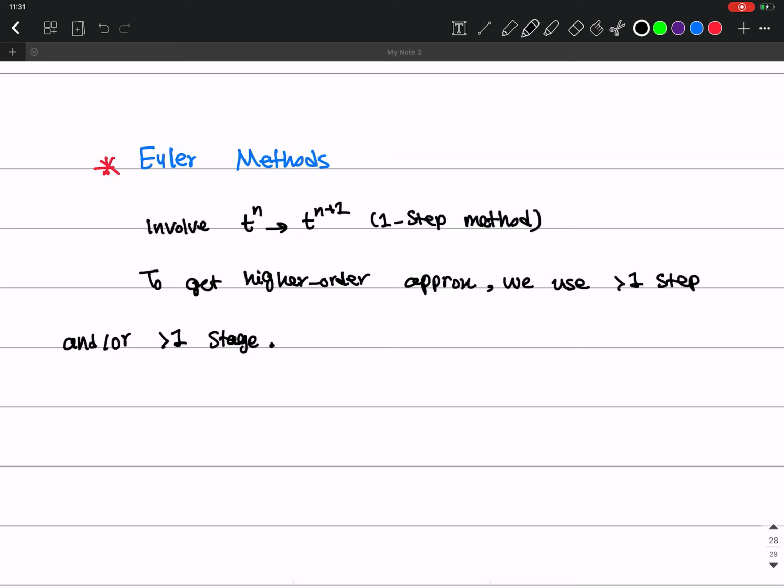Let me show an example. This is the corrected Euler method. Corrected Euler is a two-stage and one-step method.